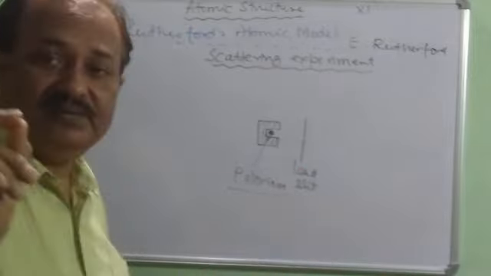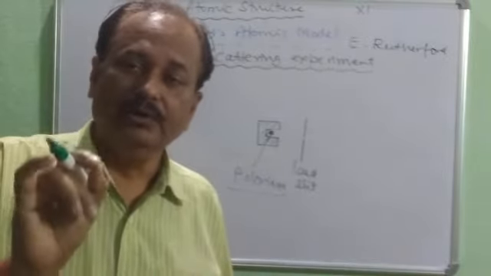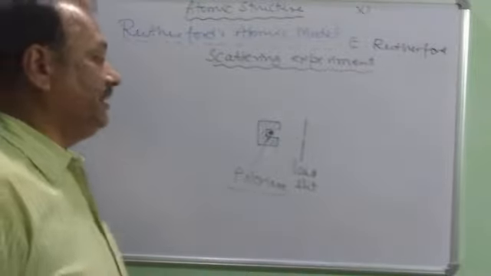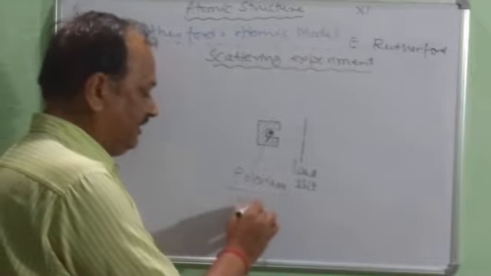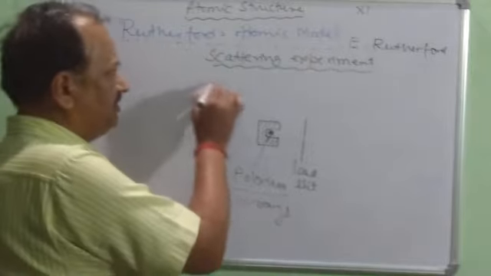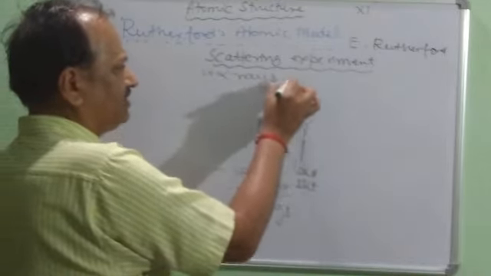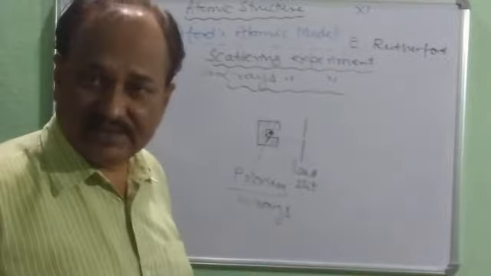A lead plate or lead slit means a thick plate having a small hole, which allows the alpha rays. Actually, polonium emits alpha rays, and so this is also called the alpha ray scattering experiment.